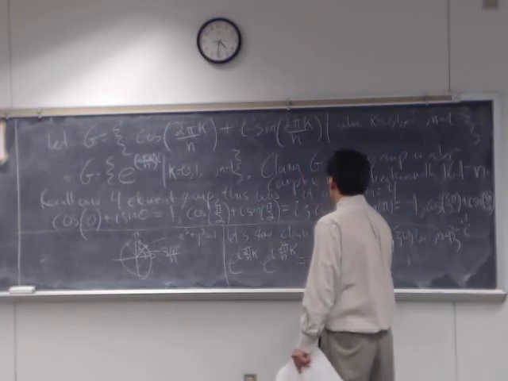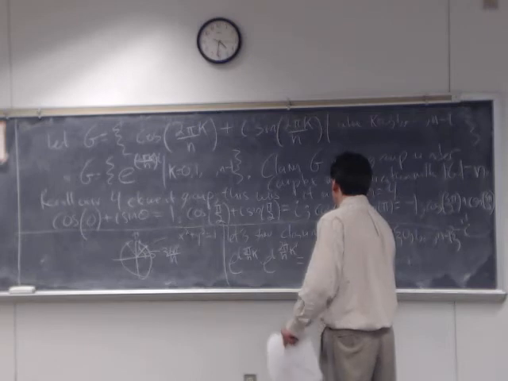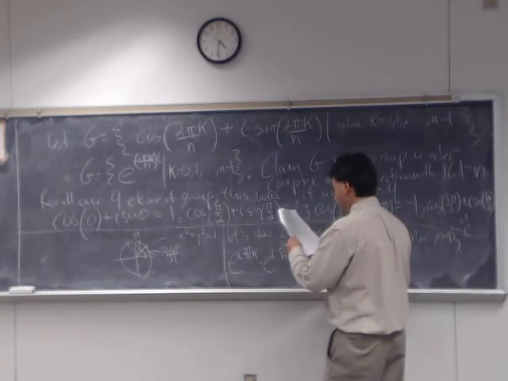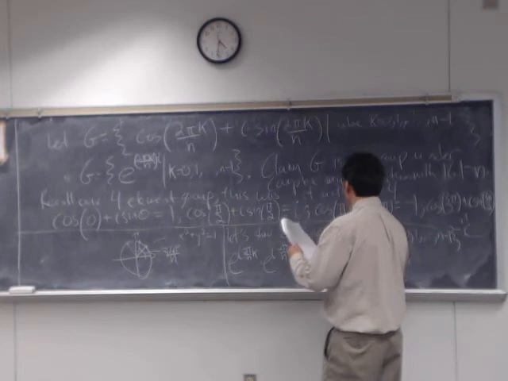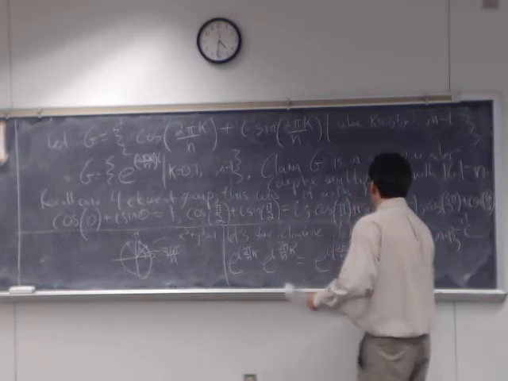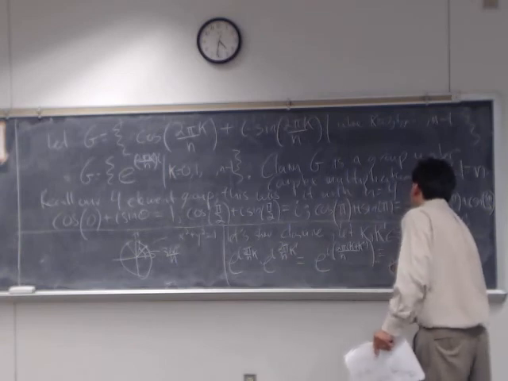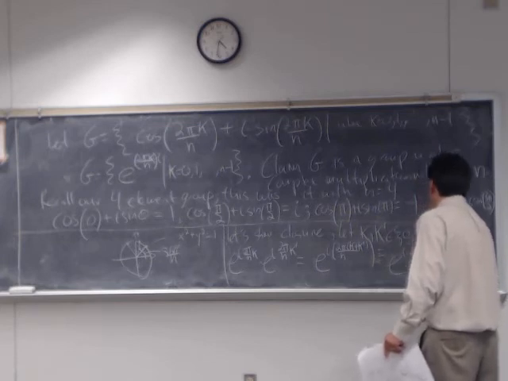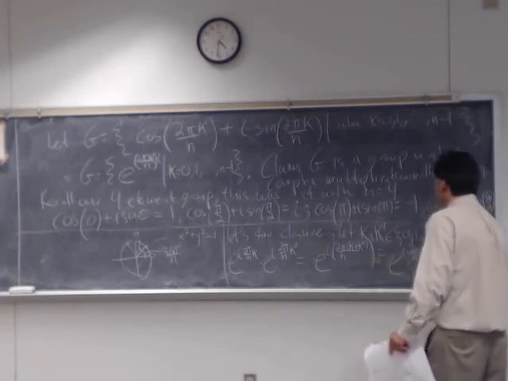And then this would be i times 2 pi n times k plus k prime. Maybe it's easier to think of this as e to the i, and we have a 2 pi n, and that whole thing is times k plus k prime.